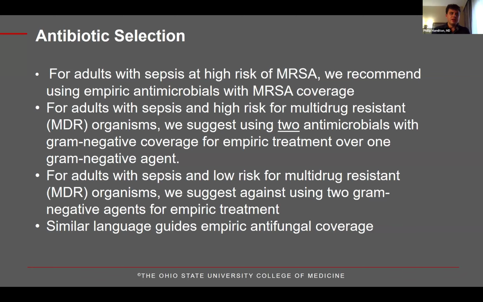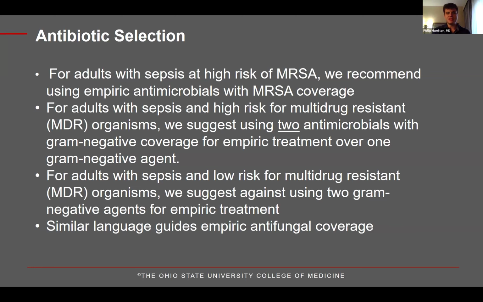And so at our institution, we have an order set that helps guide this. And clicking through, it's very directed. Whenever patients are presenting with sepsis, you're always interested in what the source of infection is, and so the order set at our institution encourages people to order appropriate coverage that's tailored towards what you think the infection is.